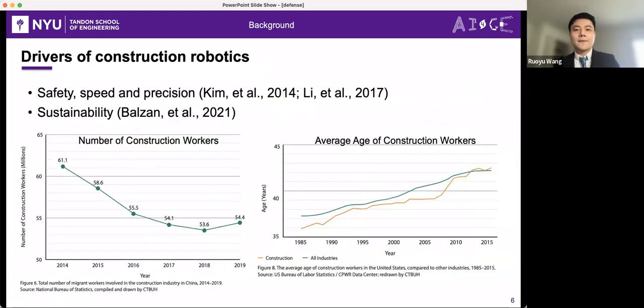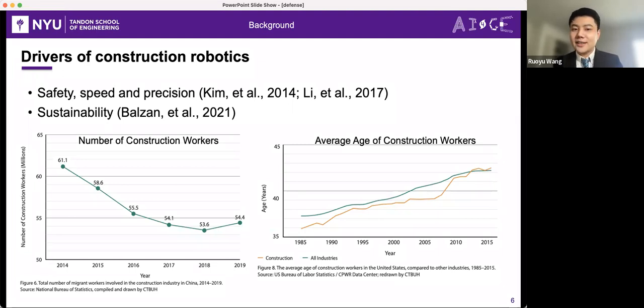After talking about the historical perspective, we can also see the drivers of construction robotics from the current point of view. According to many researchers, construction robotics can improve the safety, speed, and precision of the construction process.